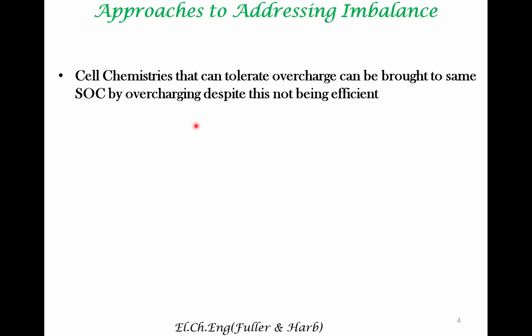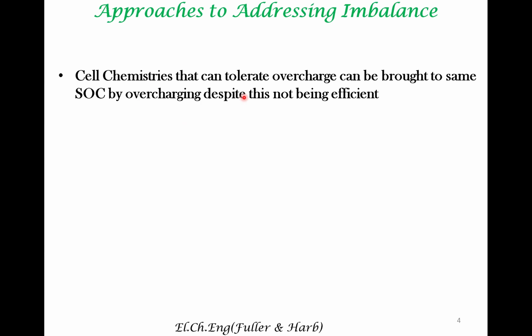So there are different ways of addressing cell imbalance. They can broadly be classified under two categories. There are cell chemistries that can tolerate overcharge. We have already discussed what are some of such cell chemistries. For example, lead acid battery and nickel battery can tolerate overcharge.